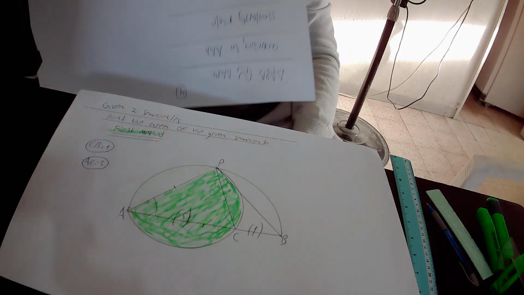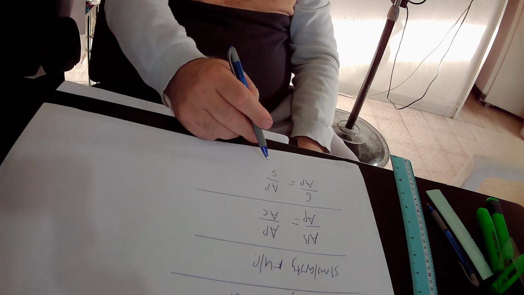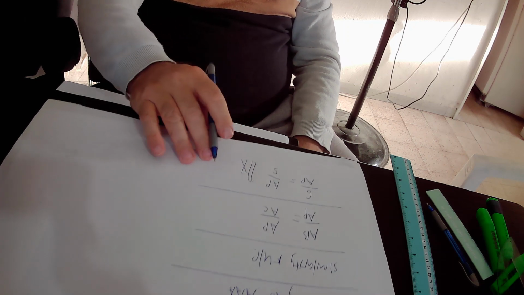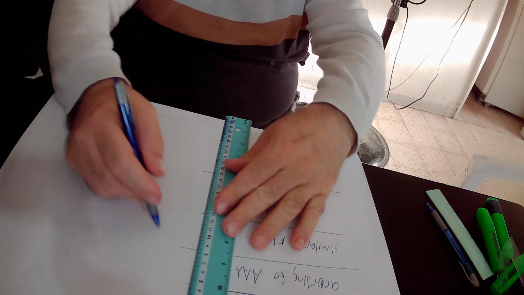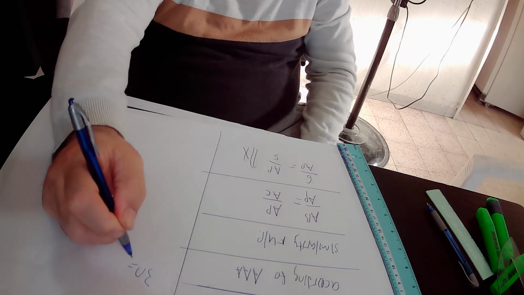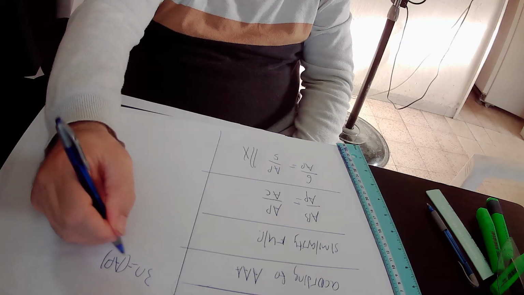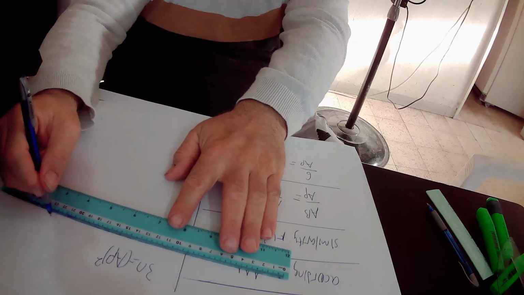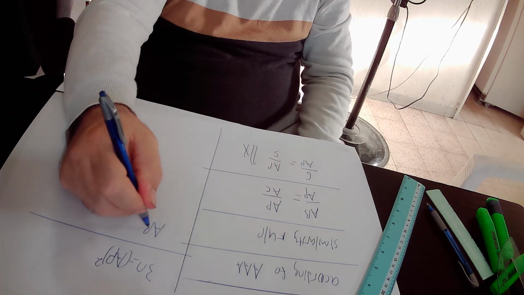So we find that 6 over AP equals AP over 5. Here we cross multiply this equation and you get that 5 times 6 is 30. So 30 equals AP times AP, which is AP squared. We take a root of this equation and finally get that the missing side AP equals the square root of 30 units in length.